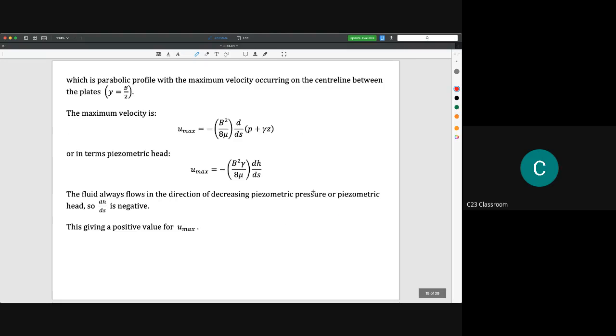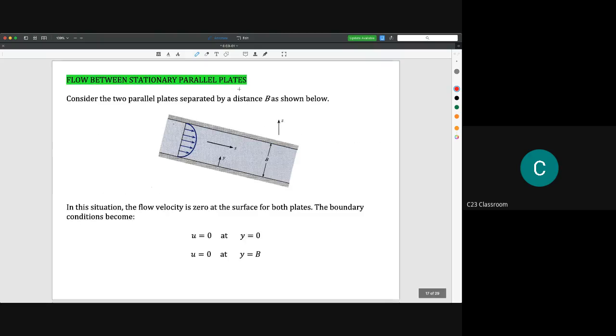Then we are calculating the maximum velocity here. We know from the diagram that the maximum velocity actually occurs at the middle. This is something that you should know, because there is less shear stress at the center line here.